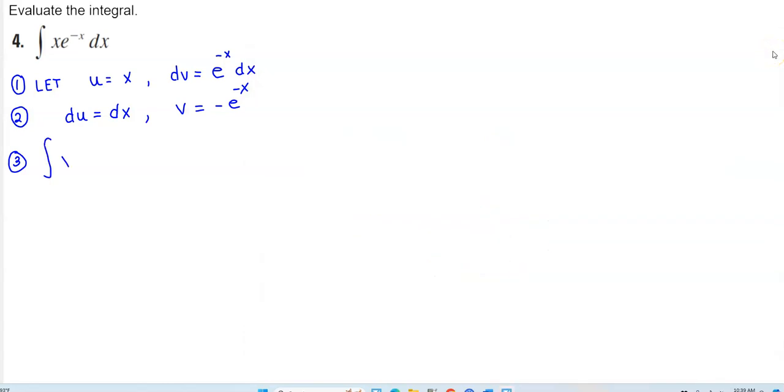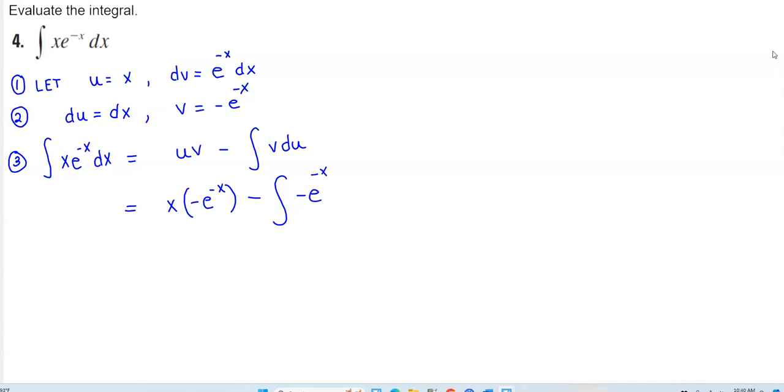So we have x e to the negative x dx using the integration by parts formula. So u times v minus v du. We know that u is x, v is negative e to the negative x, minus v, which is negative e to the negative x, times du, which is dx.